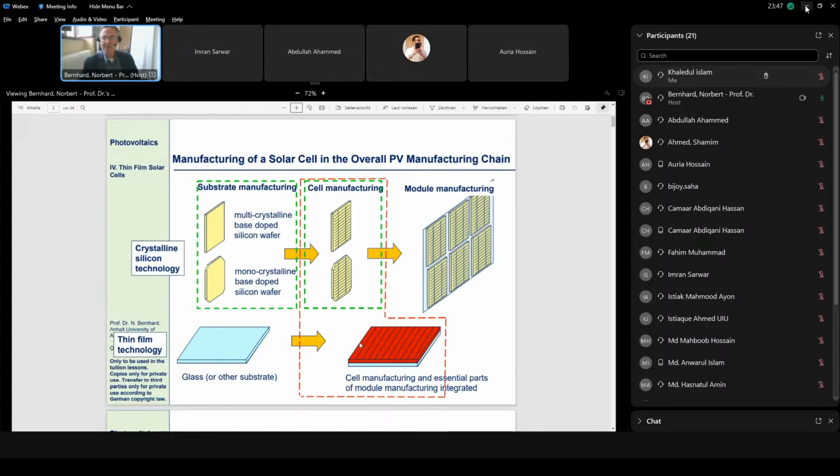But in comparison to the real thin film technologies, these are rather thick film. I put it in quotation marks because this technical term does not really exist, but these films are typically 5 to 10 micrometers, and usually cells made by these techniques are all the same still considered to be thin film solar cells.